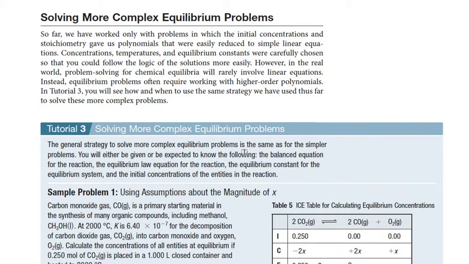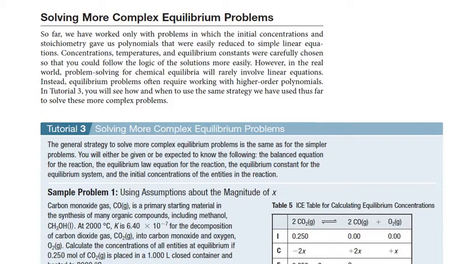Now, solving more complex equilibrium problems. So far we have worked only with problems in which the initial concentration and stoichiometry gave us polynomials that were easily reduced to simple linear equations. Concentrations, temperatures, and equilibrium constants were carefully chosen so that you could follow the logic of the solutions more easily.